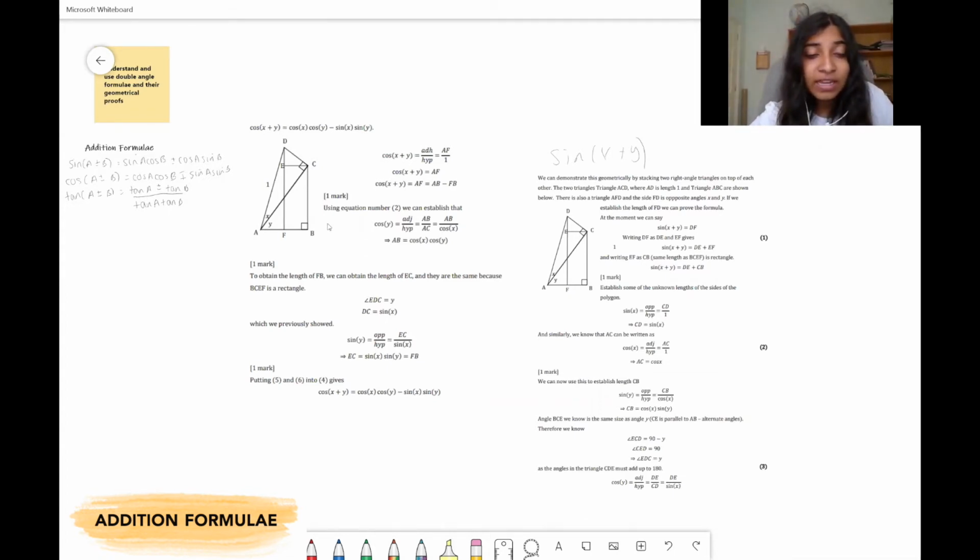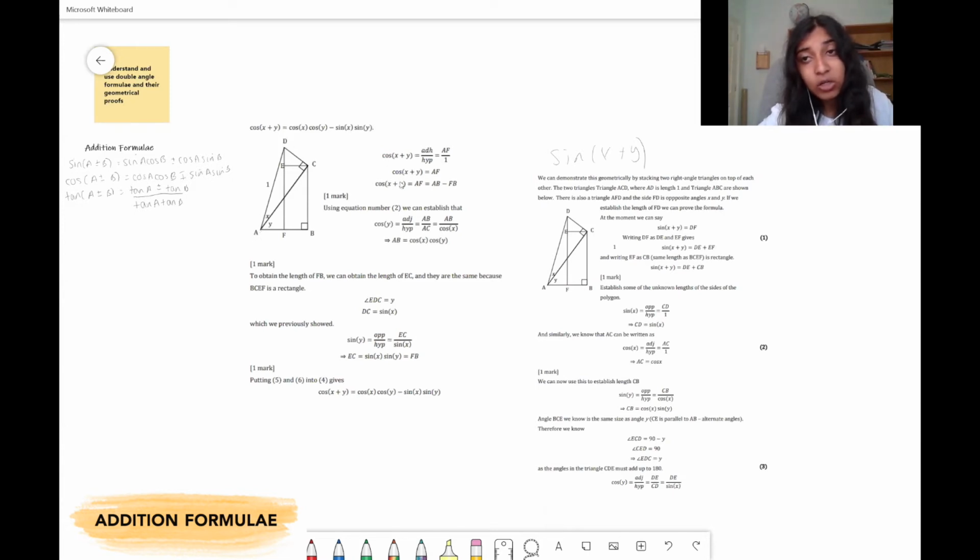So again, we're using the same two triangles, and we're using the same diagram for the proof of cos x plus y. So using the triangle AFD like we did before, we can write that cos x plus y is equal to the adjacent side, which is just AF, over the hypotenuse, which is just 1.